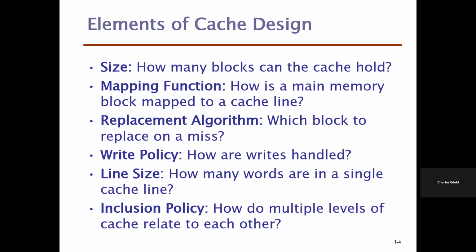The minimal unit of transfer between what? The cache and main memory. So I'll say the term block again refers both to the unit of data transferred and also to the physical location in main memory or the cache.